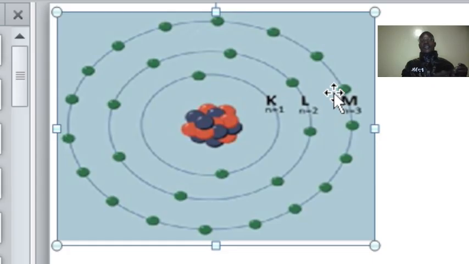And again, if the number of protons increases within the nucleus, then the binding energy of that element is also going to be high. We must also acknowledge that the binding energy decreases as we move away from the nucleus.